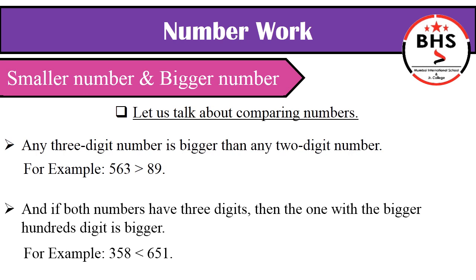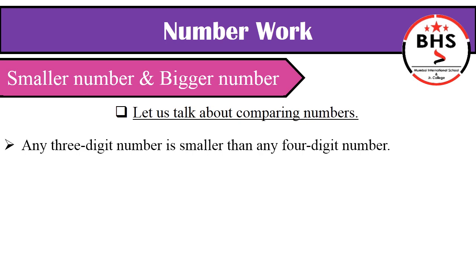In 358, 3 is at the hundreds place, and in 651, 6 is at the hundreds place. Children, which is the bigger number, 3 or 6? Yes, 6. So it means 651 is the bigger number.